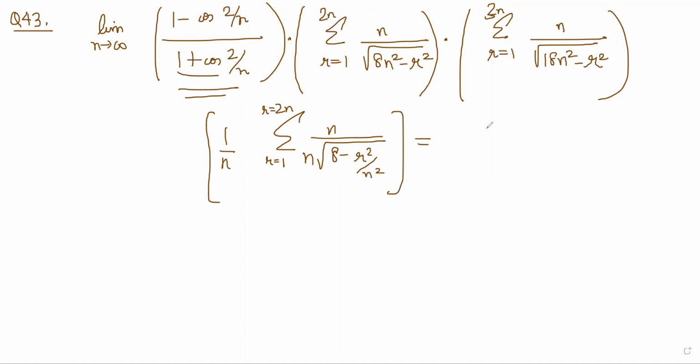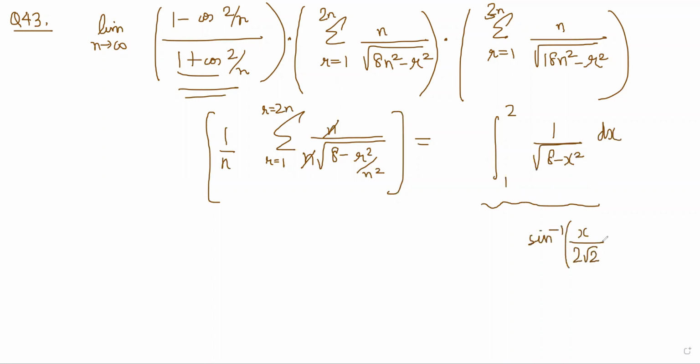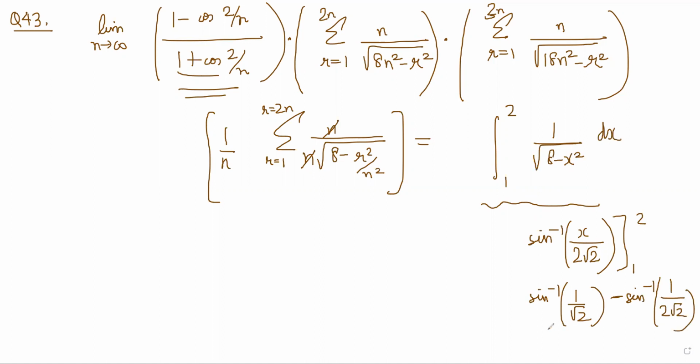Now this thing is actually equal to the integral from 1 to 2, this n cancels, of 1 by root over 8 minus x square dx. Now this is basically definite integral as the limit of a sum, and that will be equal to sine inverse x by 2 root 2 evaluated from 1 to 2. So this will be sine inverse 2 by 2 root 2, which is 1 by root 2, minus sine inverse 1 by 2 root 2, right? So we get this answer from here.